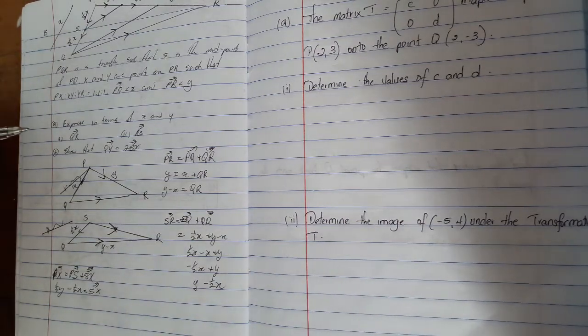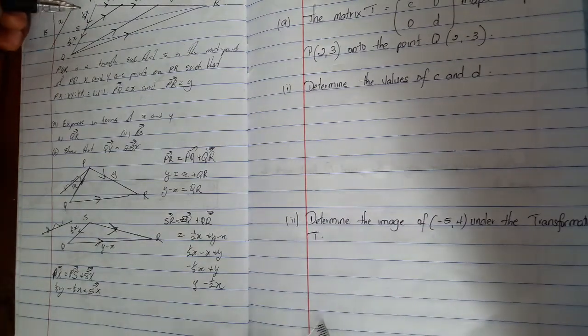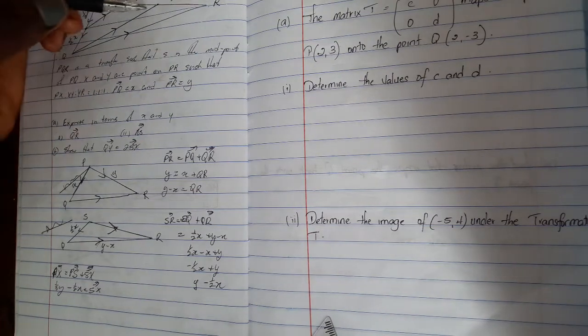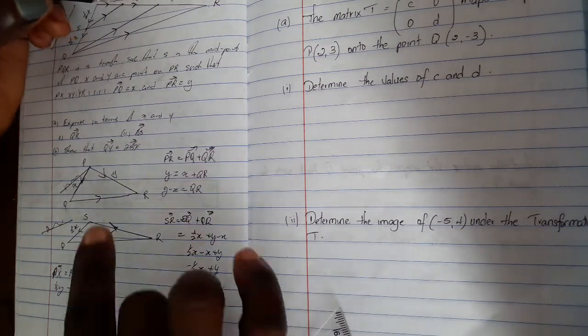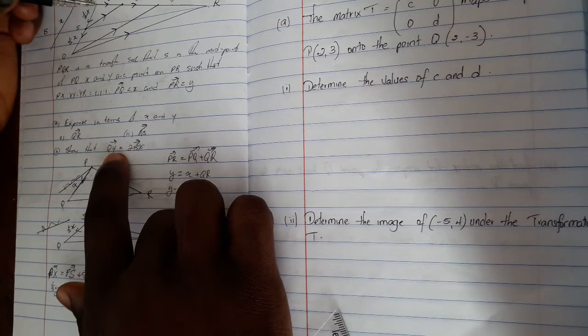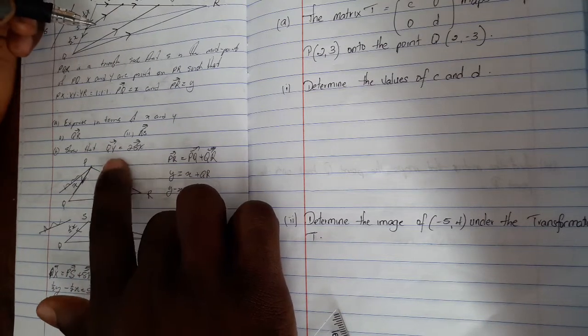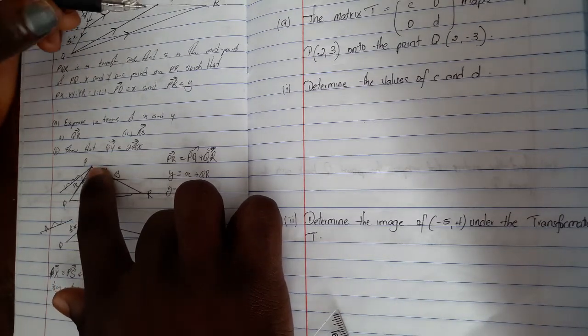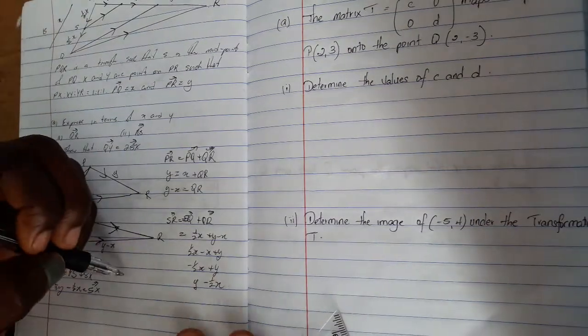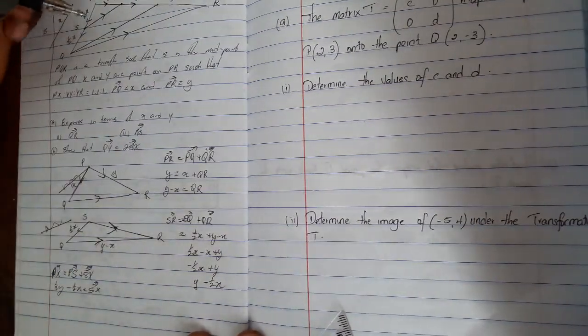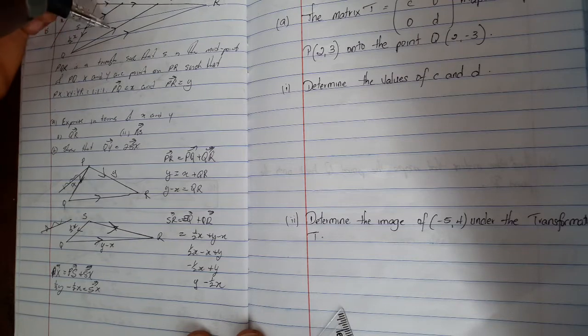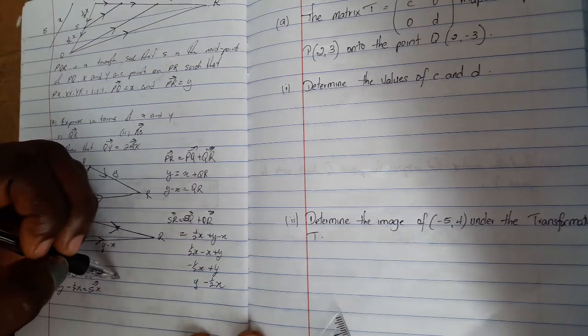If we were to extract the triangle PQY, because we have to get QY, we found SX, now we're finding QY. PQY, the resultant vector will be, from here we can see, PY.